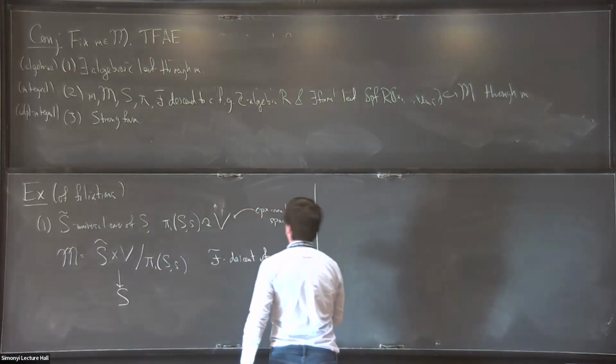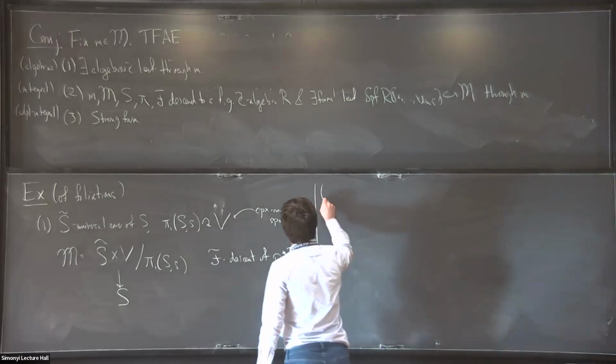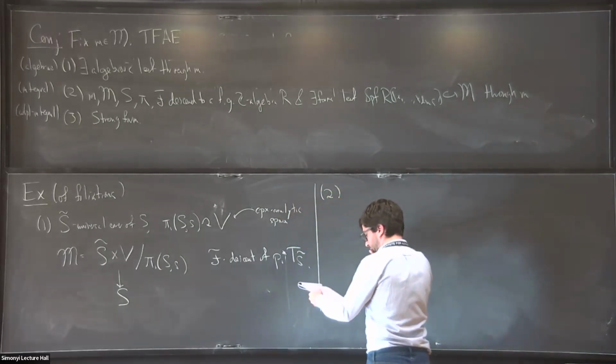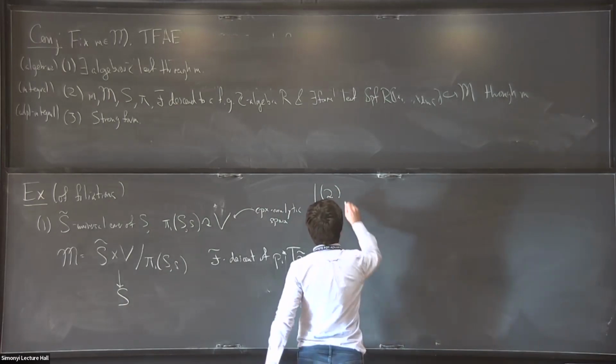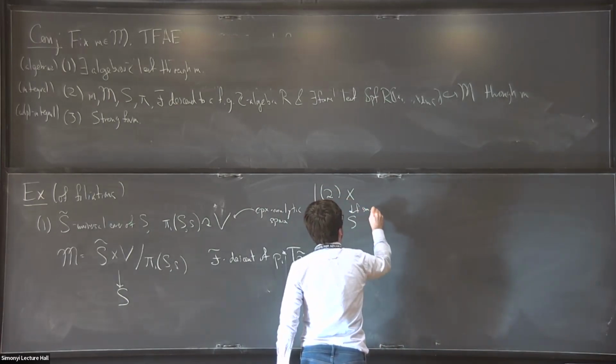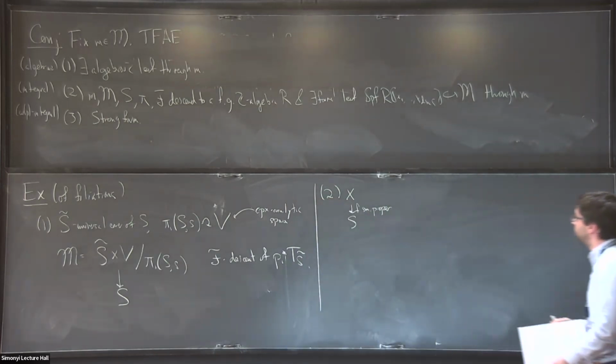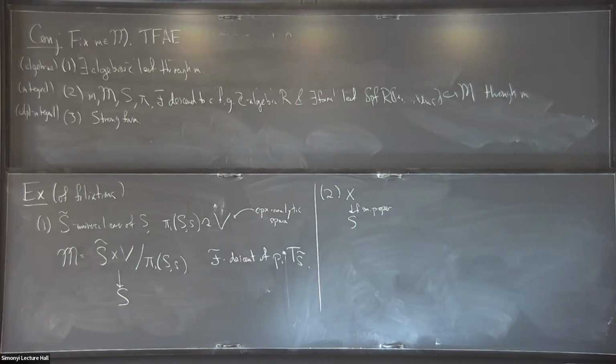Let me explain what V will be. Suppose I'm given a smooth proper morphism X to S, and there's a famous linear differential equation, the Gauss-Manin connection, one can associate to this.